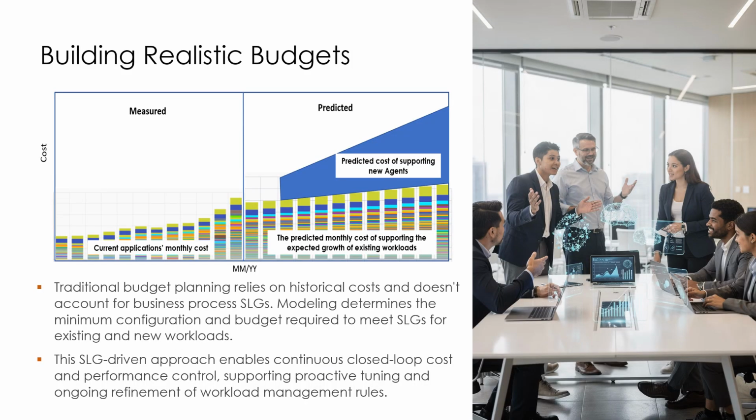Traditional budgeting relies on historical spend, but agentic AI requires a service-level goal-driven methodology for budgeting. Modeling determines the minimum cost needed to meet service-level goals for existing and new agents and workloads, which takes into consideration expected growth in the number of agents and number of users.